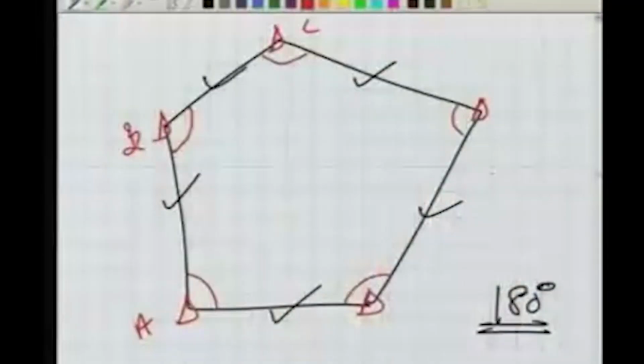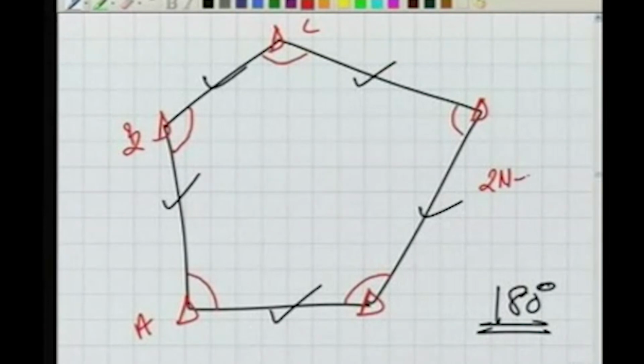The sum of internal angles of that traverse should be a particular value, which is (2n minus 4) times 90 degrees. We know this for a traverse, where n is the number of lines here. So for a closed traverse in the field, we know it is a closed traverse.